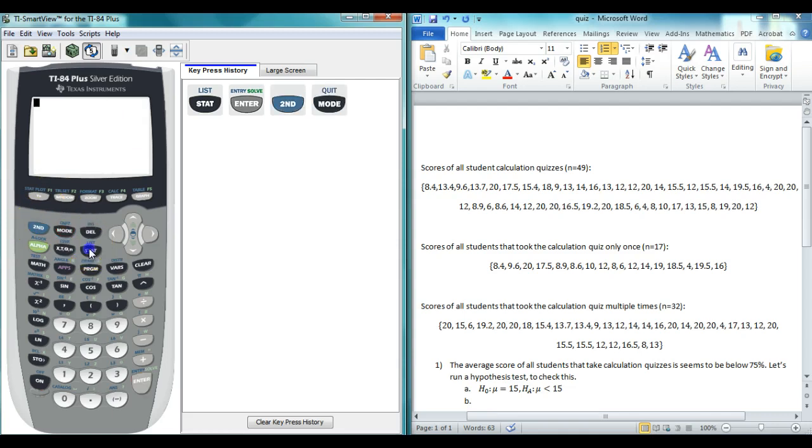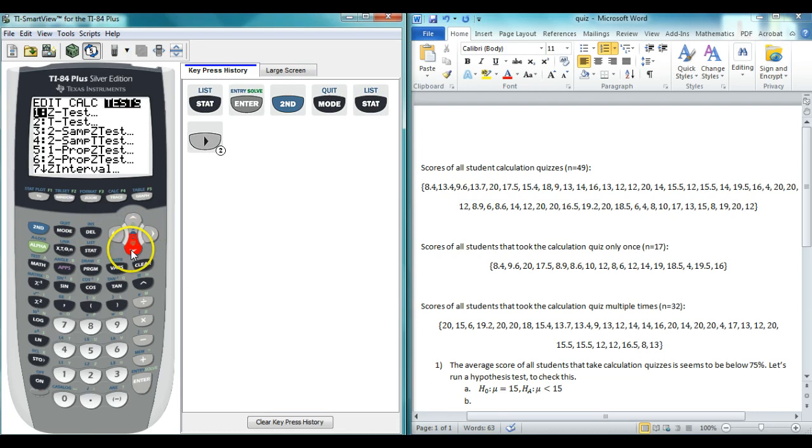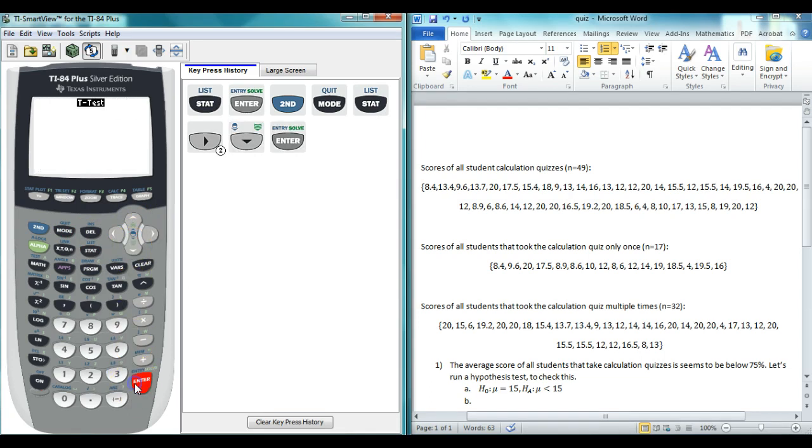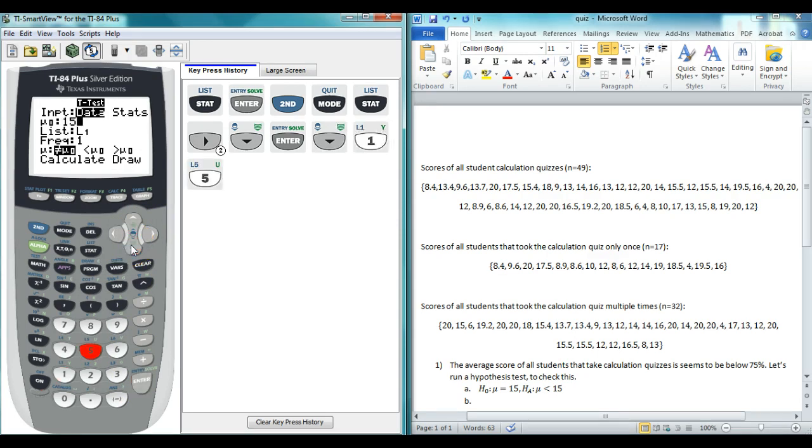So I'm just going to run the hypothesis test. I'm going to do a t-test because we don't know the true standard deviation. I'm going to use the data in list 1 and test the null hypothesis of 15 against a one-tailed test, which checks to see if we're actually in reality less than 15.